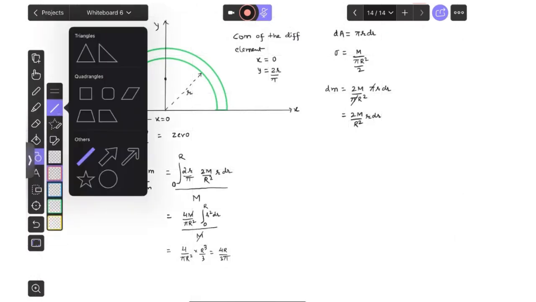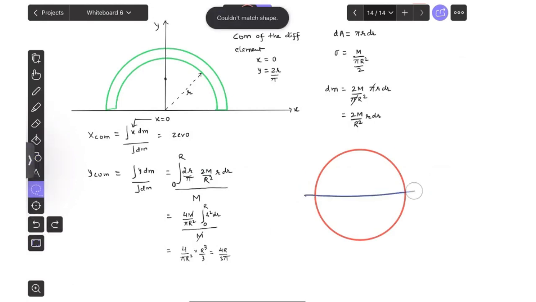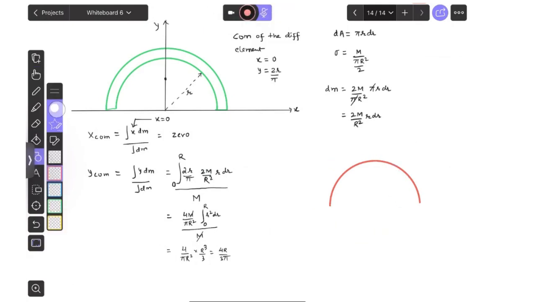Just let me draw the figure once. You have to remember this result even.